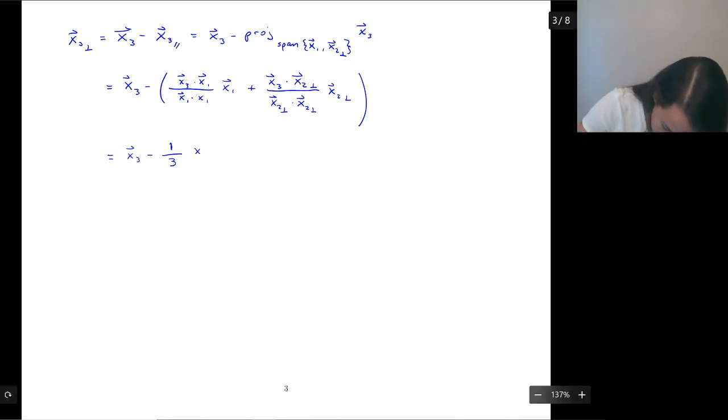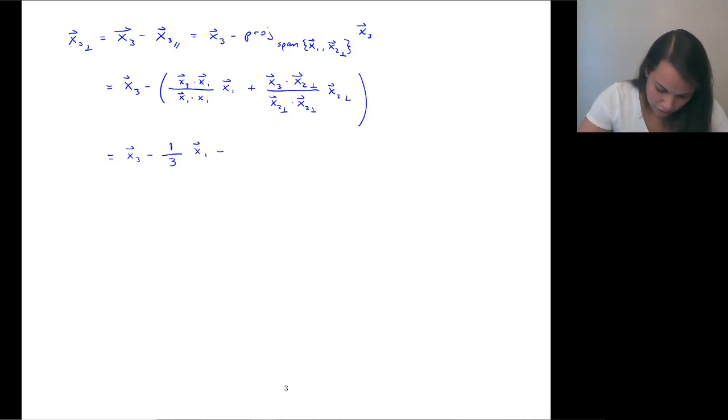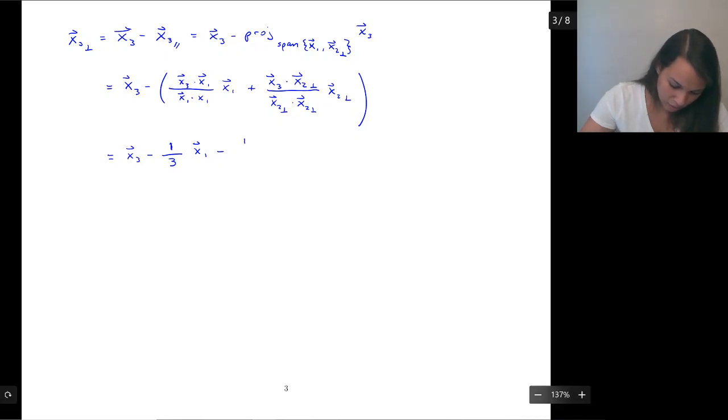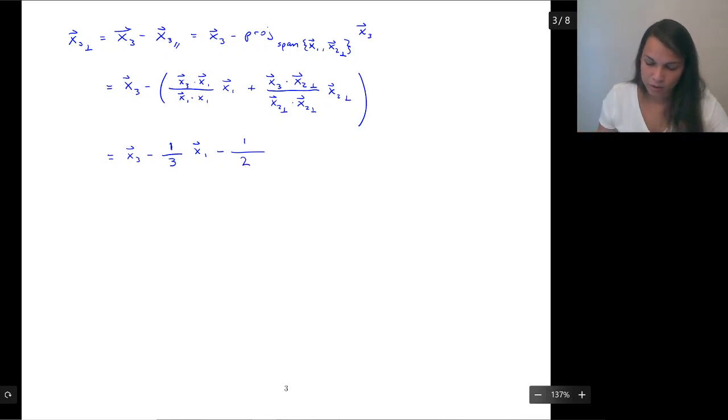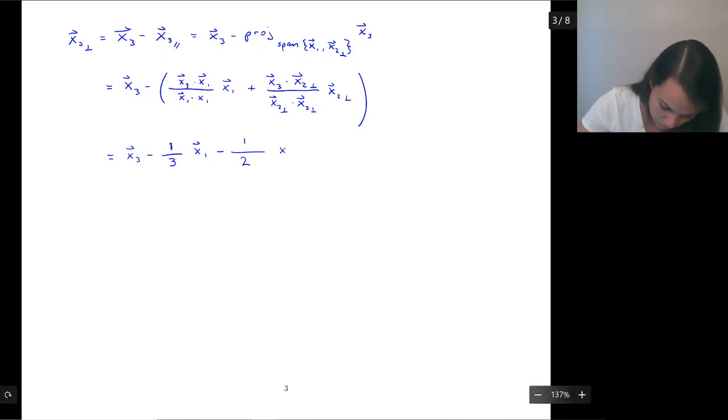And then that's times x1. And then distributing that minus sign, right? So minus, and then x3 times x2 perp. I promise that is also a 1. And then x2 perp dot x2 perp ended up being 2.